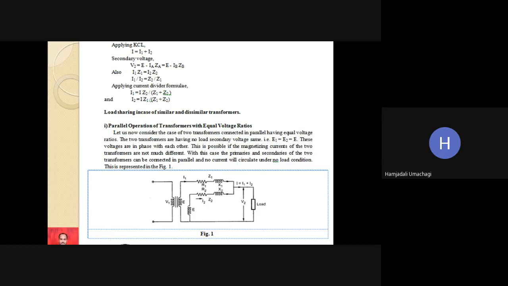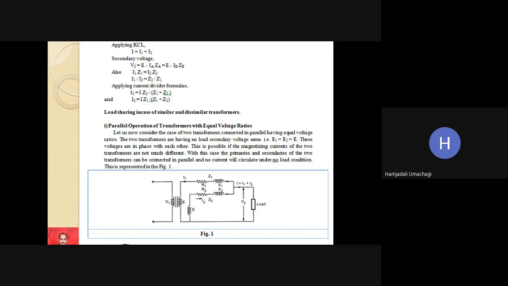Current I1 is the load shared by the first transformer, and current I2 is the load shared by the second transformer. Both transformers are connected to the common load, supplying the same common load.